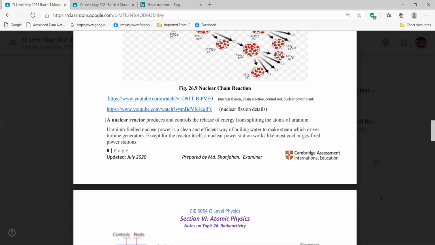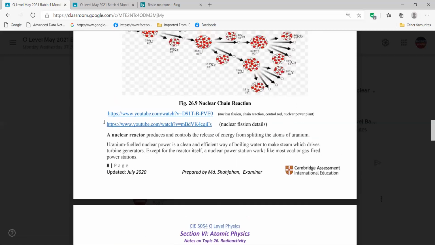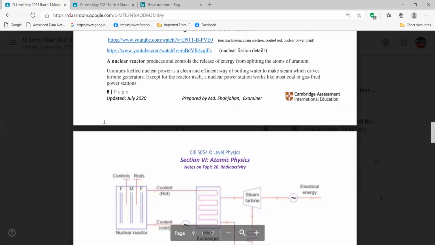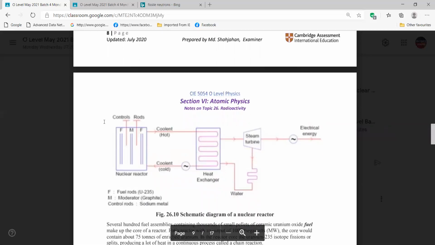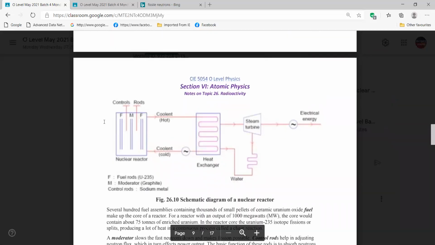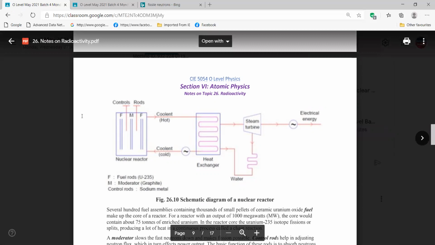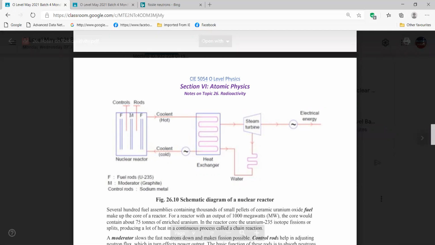Now, uncontrolled chain reaction, how do we make it controlled? Look, here is the power station, the nuclear reactor. We have here control rods, and here F for fuel rods.